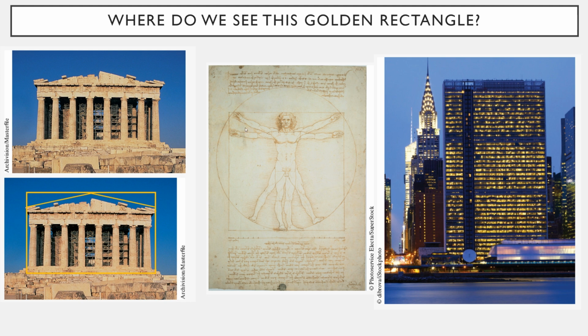Leonardo da Vinci's sketch has the golden rectangle embedded in it. You might not recognize this building, but this is the United Nations building in New York City. When they designed it, the proportions were that of a golden rectangle, and it's a very aesthetically pleasing rectangular building.